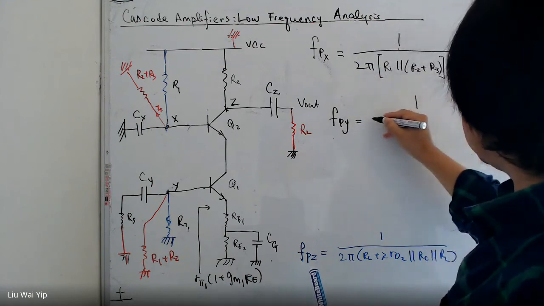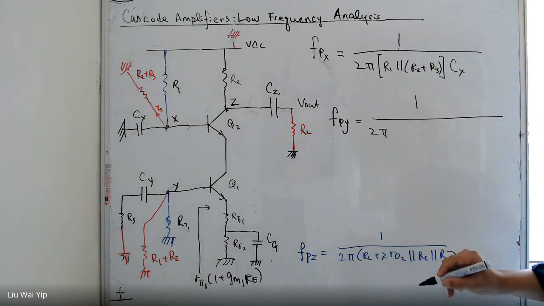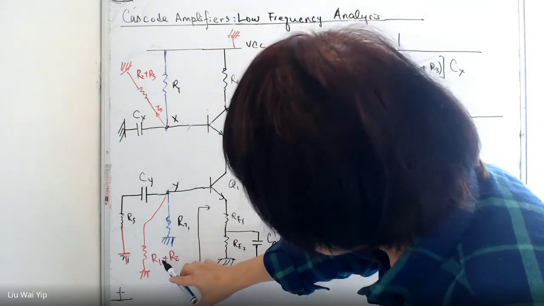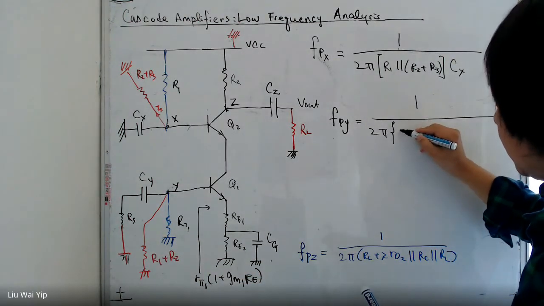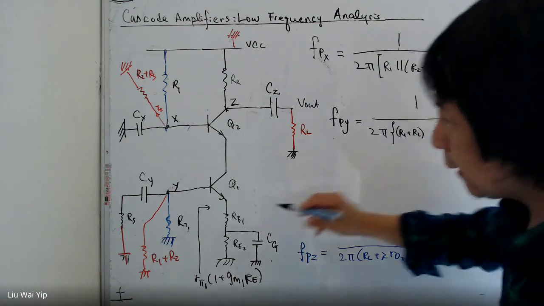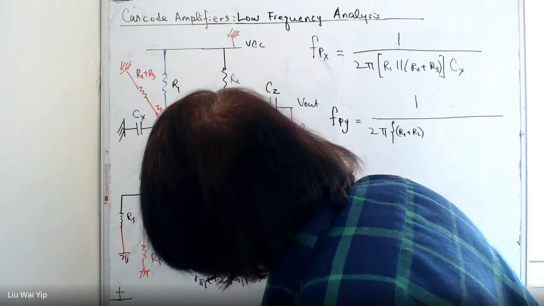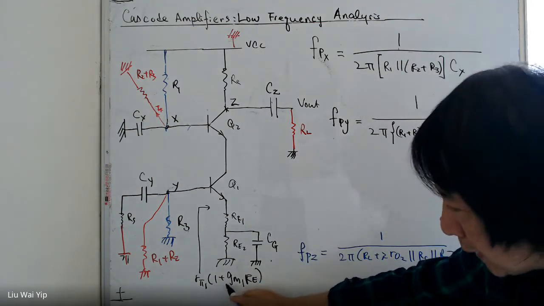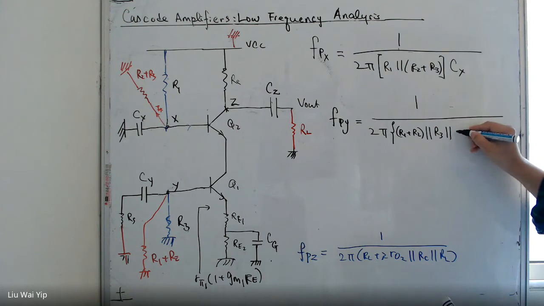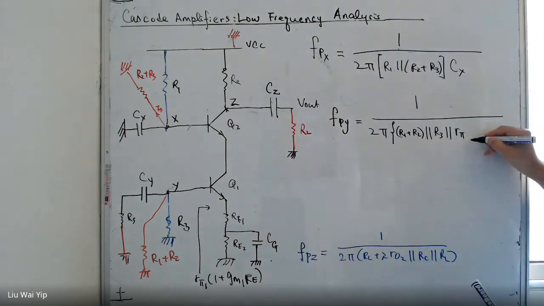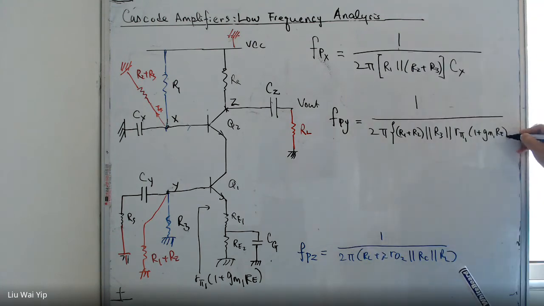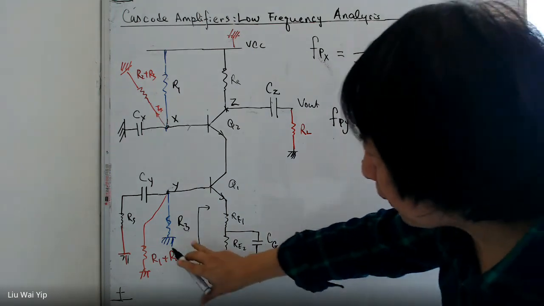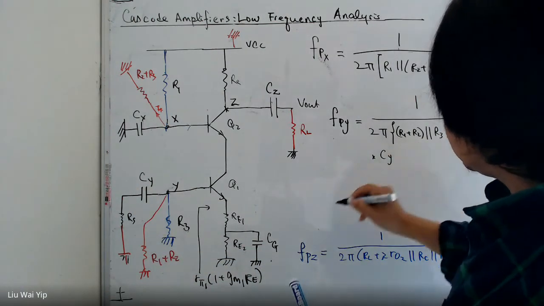It is going to be 1 divided by 2 pi, and then the amount of resistance here: R1 plus R2 in parallel with R3, and in parallel with what we can get using the formula r pi 1 plus gm1 and then RE, and then multiplied by the capacitance associated with here, CY.